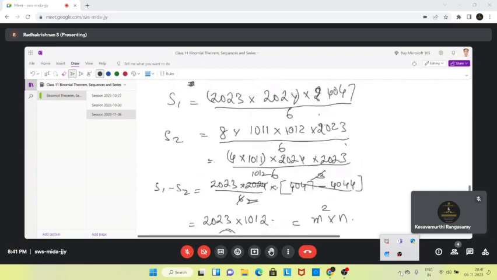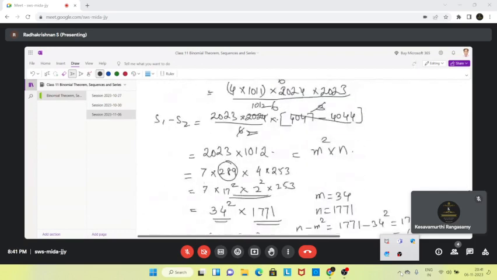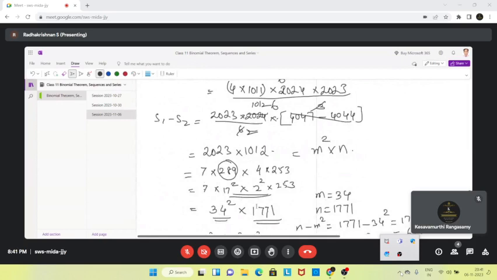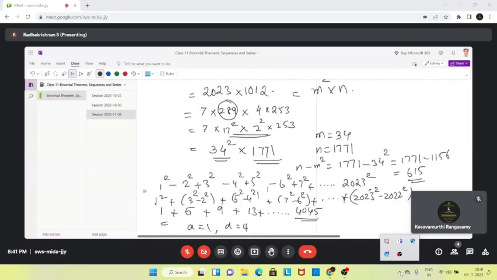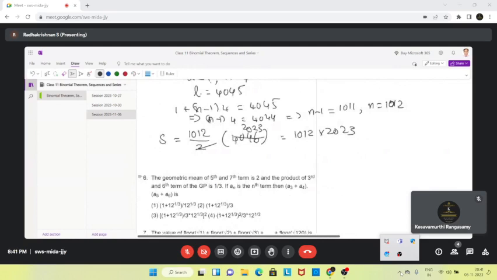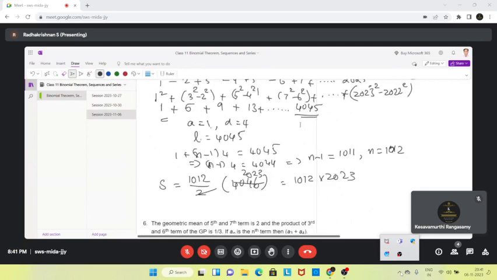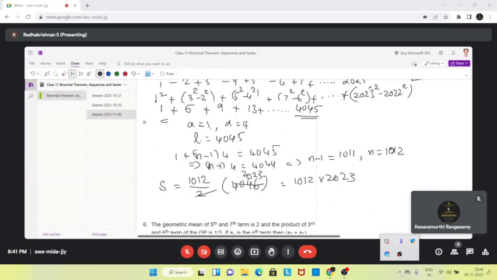So we got the same thing in that approach also. 2023 into 1012, which afterwards we converted into 34 square into 1771. So you can arrive at that step more easily. This is what we should actually do. The second approach is faster, but the first approach is more straightforward. So it looks like that is the easy way, but there is a better way also.